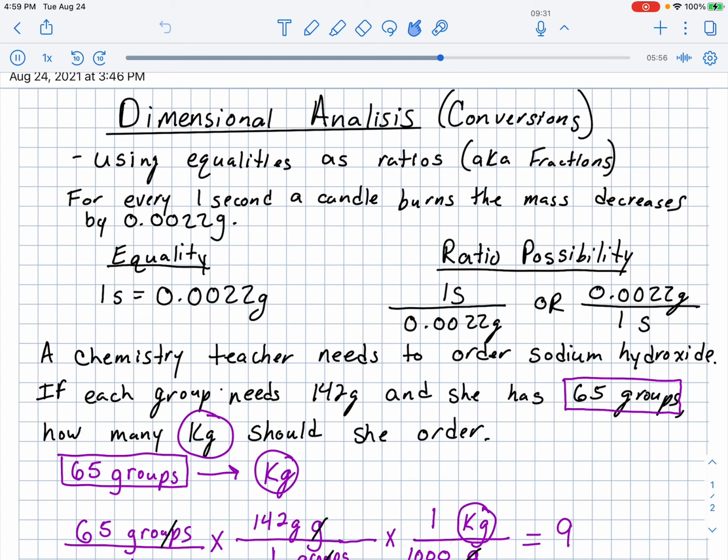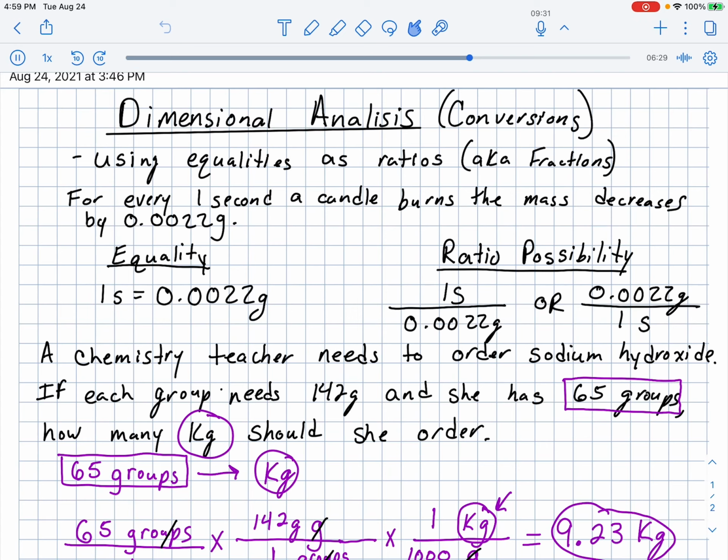I actually got, did I type something in differently? 65 times 142 divided by 1,000. I actually got 9.23 kilograms. So 9.23. The units I wanted to end with were kilograms, so those units carry over because everything else crossed out. And then we're going to circle our final answer.